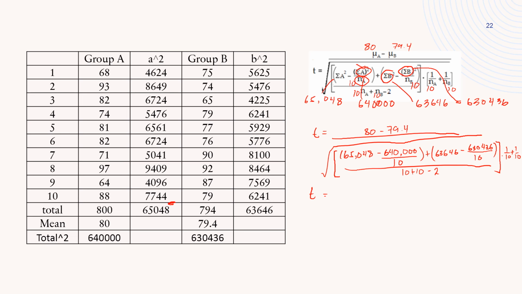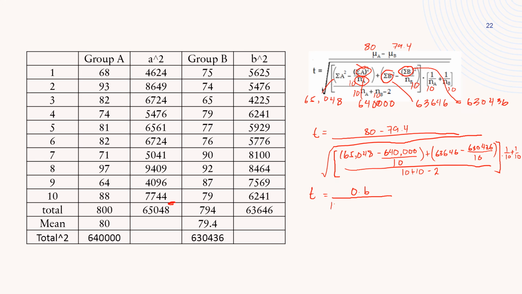So t is equal to 80 minus 79.4, that is 0.6, divided by 65,048 minus 640,000 divided by 10. So essentially that's 65,000 minus 64,000.